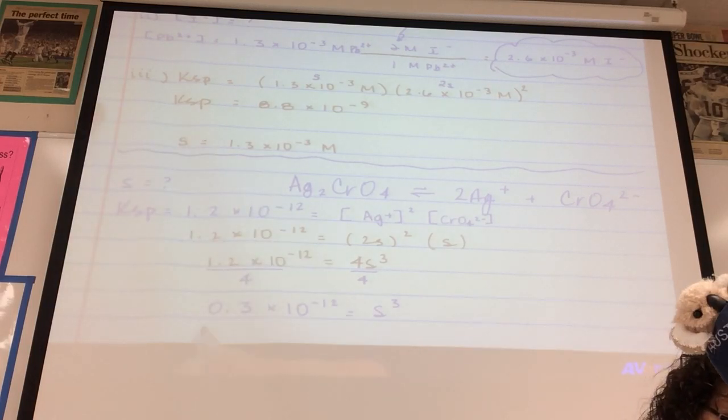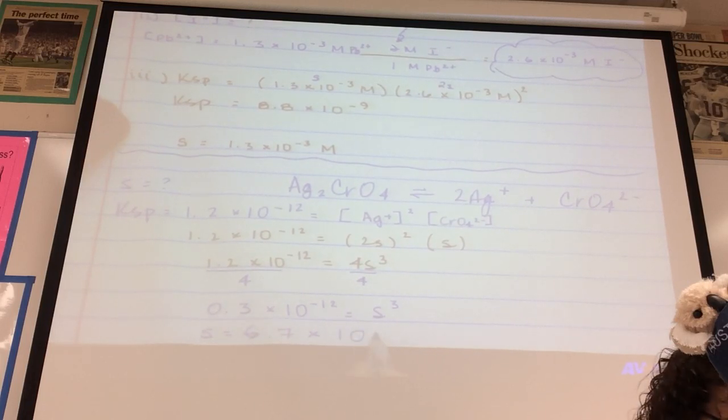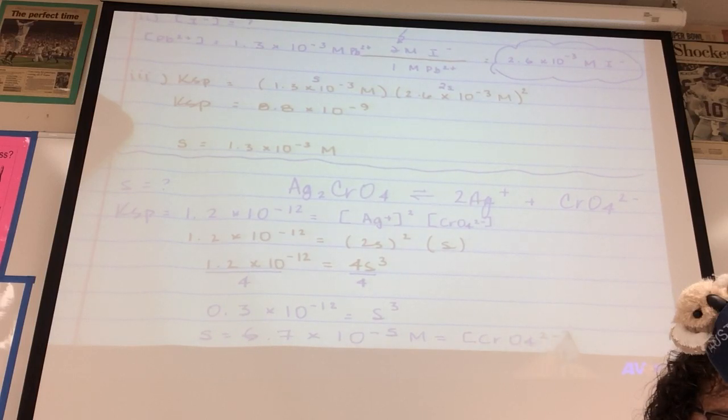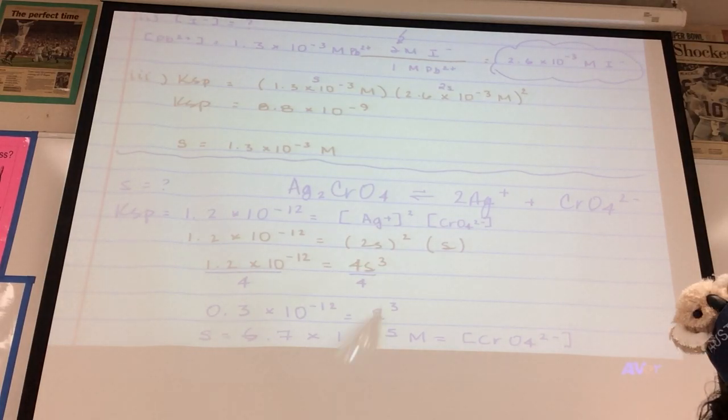And so S is equal to 6.7 times 10 to the negative 5, and that's molar, equal to the concentration of chromate ion. And so that will be equal to the concentration of silver chromate.